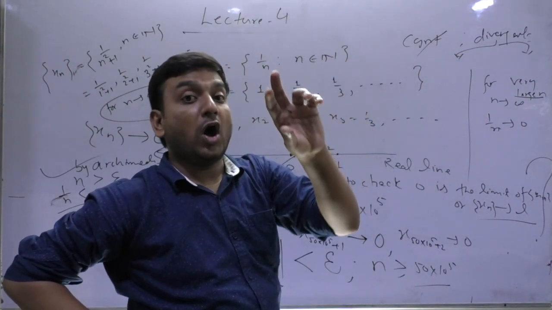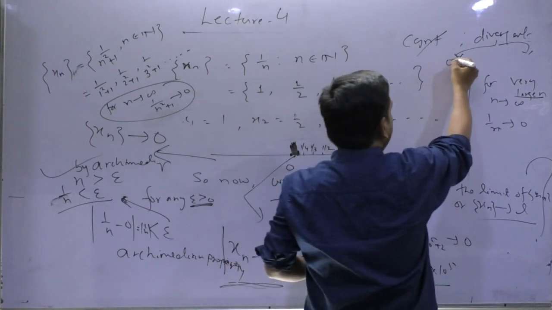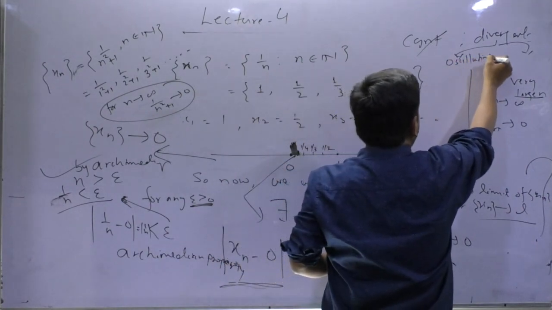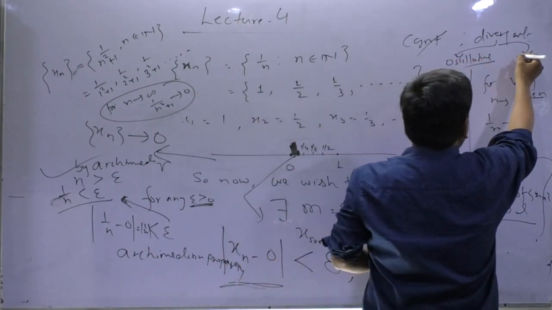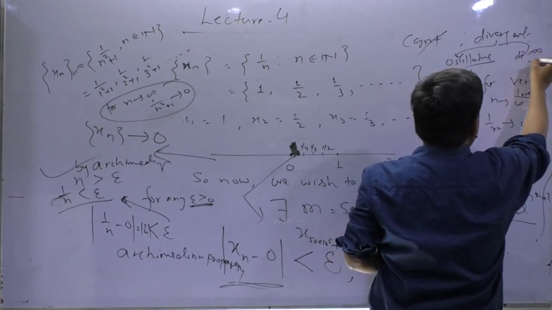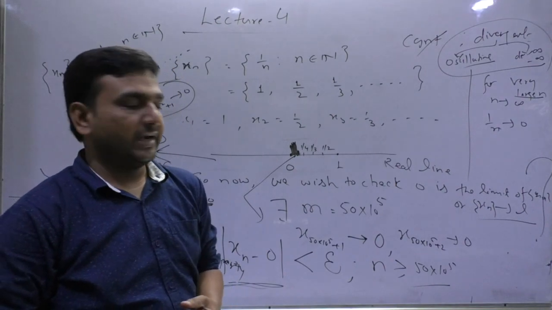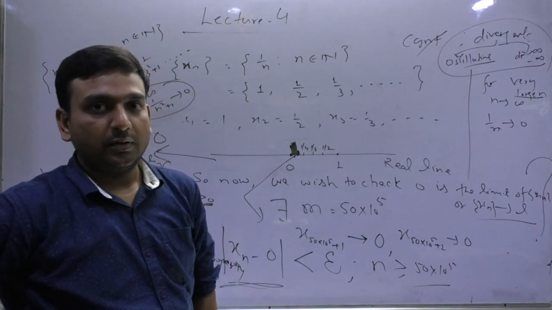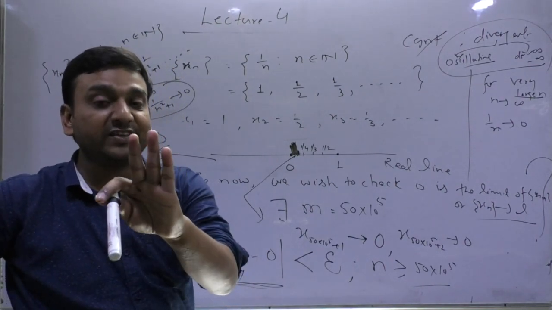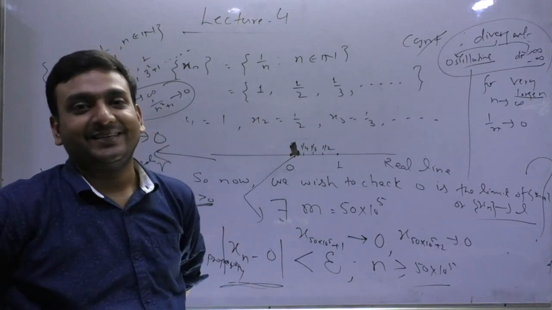One is oscillating, and another is diverging to infinity or minus infinity. Am I clear to you all? Any doubt? Did you get the convergence of sequences?